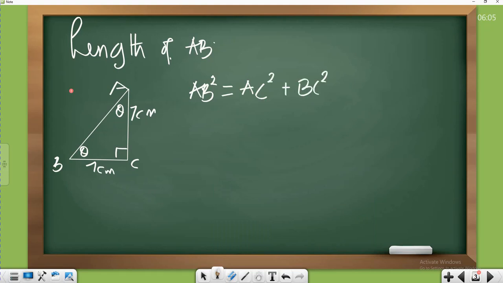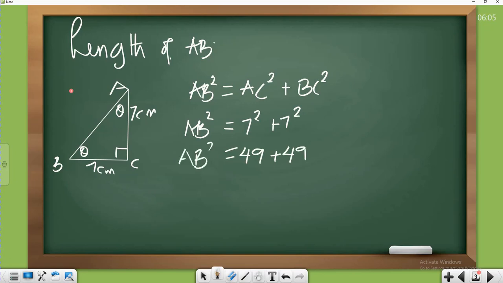So AB squared, if we substitute, is 7 squared plus 7 squared, and 7 squared will be 49 plus 49. This is AB squared. Now 49 plus 49 will give us 98.